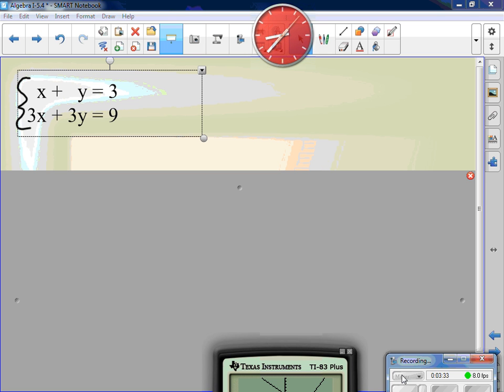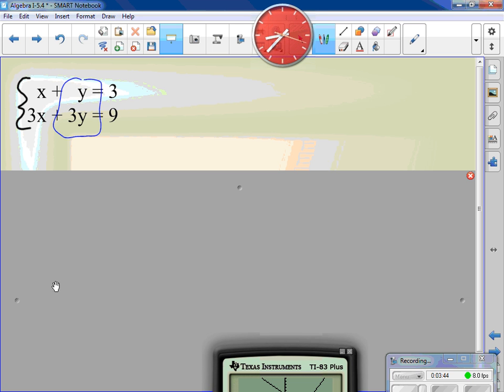The x or the y? Well, we need to pick one. Okay, the y. What do I have to multiply to get the y's the same? -3. I have to multiply everything in the top equation by -3. The bottom one I can keep the same.